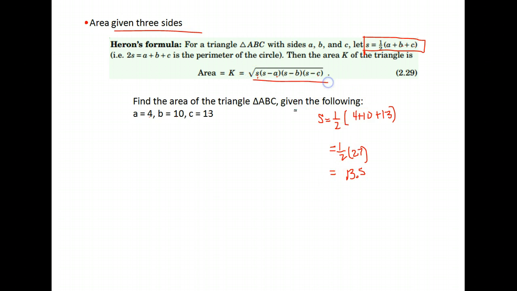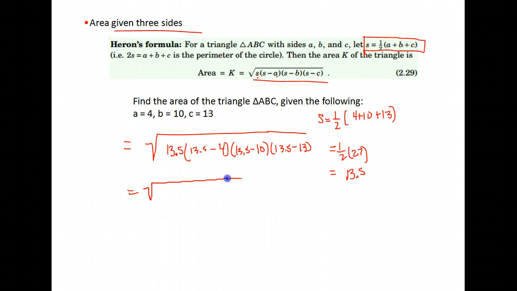I'm going to plug that into my formula here. So my area, it says, is the square root of that S, so 13.5, times S minus A, so 13.5 minus the length of my first side, which was 4, and then 13.5 minus the second side, which was 10, and then 13.5 minus that third side, which was length 13.